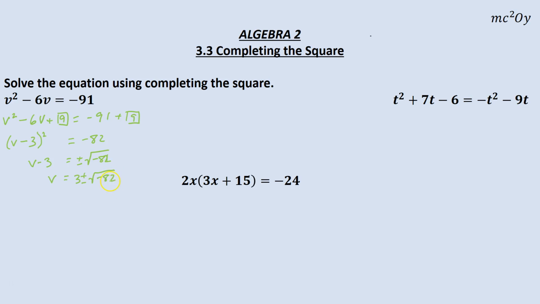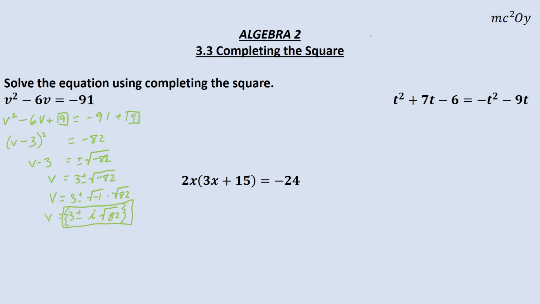Well, when I look at that, I notice that this is a negative, and that means I can break it up into root negative 1 times root 82, which really is 3 plus or minus root negative 1, which is i, root 82. And root 82, when I think of that, no perfect squares go into it. Therefore, I am done. That's what v equals.